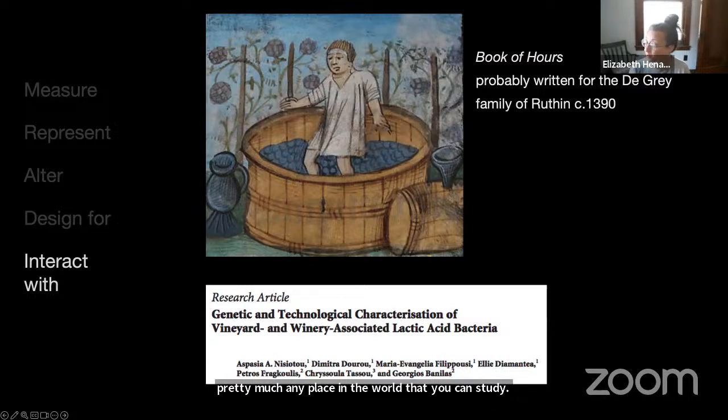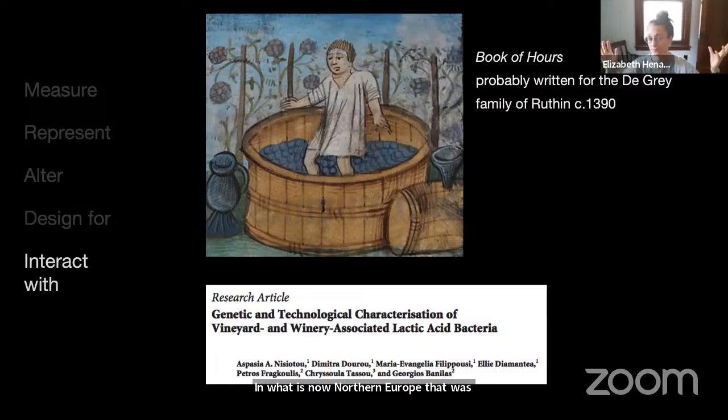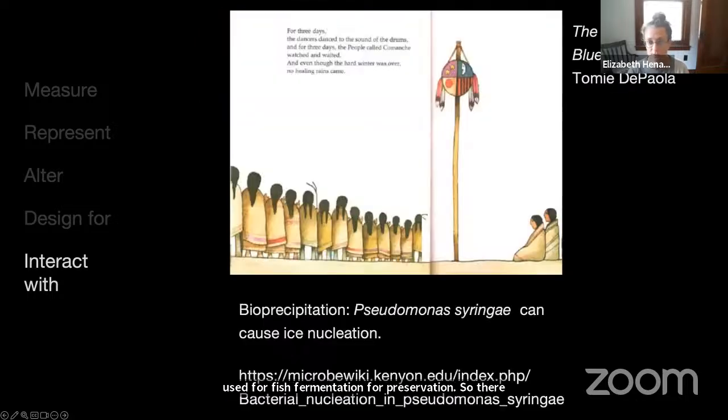But the oldest bioarchaeological record described of food fermentation was dated to 9,000 years before the current era, and is a set of holes dug in the rocks in what is now Northern Europe that was determined to be used for fish fermentation, for preservation. So there exist very ancient technologies that allow us to interact with microbes.